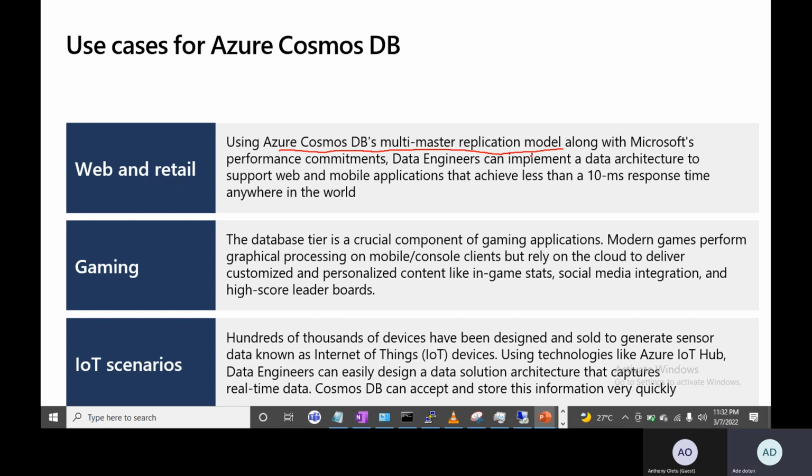Hundreds of thousands of devices have been designed to generate sensor data from the Internet of Things. One of the things that I did recently was this IoT, IoT AI stuff.